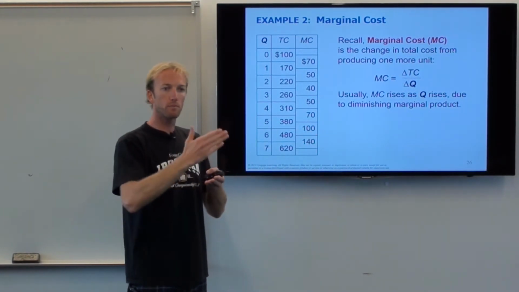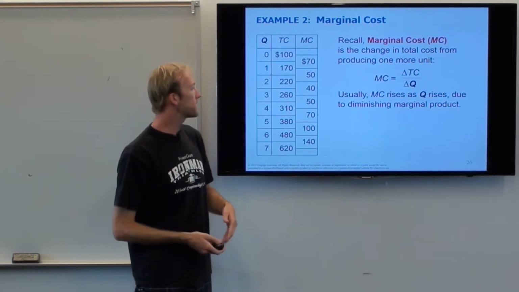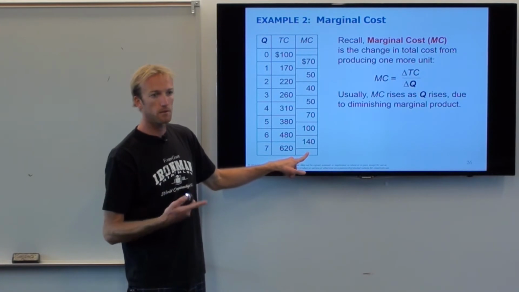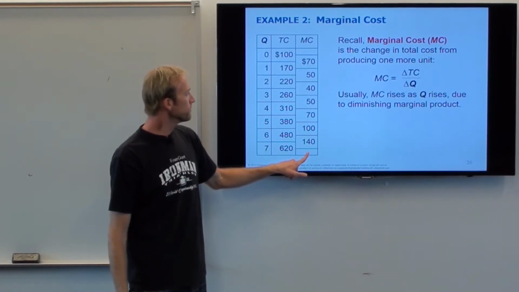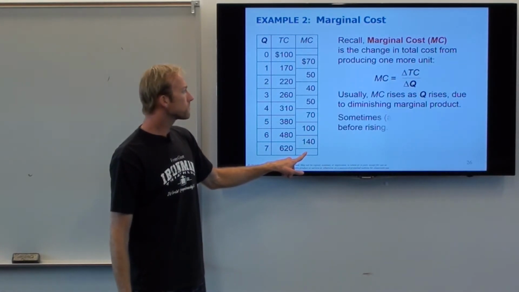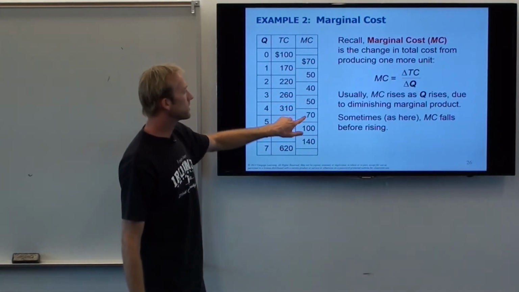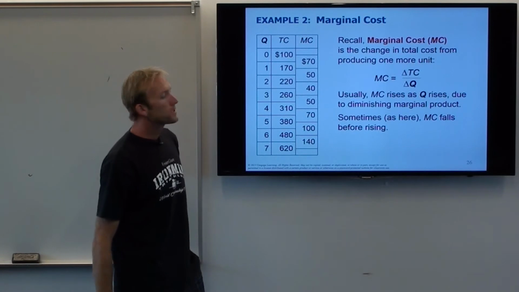This is why firms only produce a certain amount of quantity, because if they were to continue producing, the costs would get completely out of control. Does that make sense? And they would not be able to make any profit. All right. So yeah, like I said, sometimes, as in here, it falls a little bit before it rises.